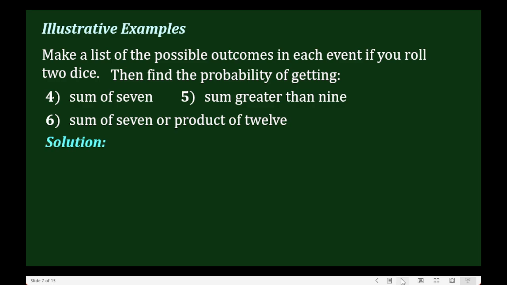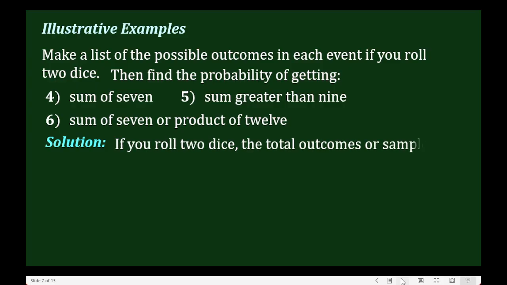Now, the first thing we need to do here is to determine the possible outcomes when you roll a pair of dice. Okay, so if we roll a pair of dice, the total outcomes or sample space is shown below.